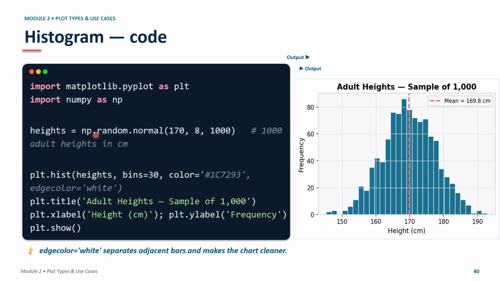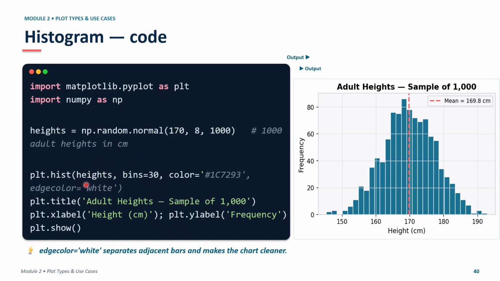With the random.normal function, you can create these random data points. Once it is done, you can make the histogram chart by calling the function plt.hist. You mention the random points, which are assigned to the variable called heights.